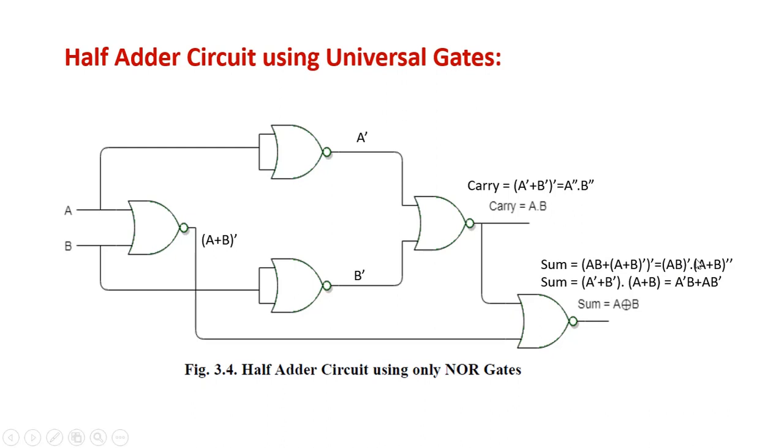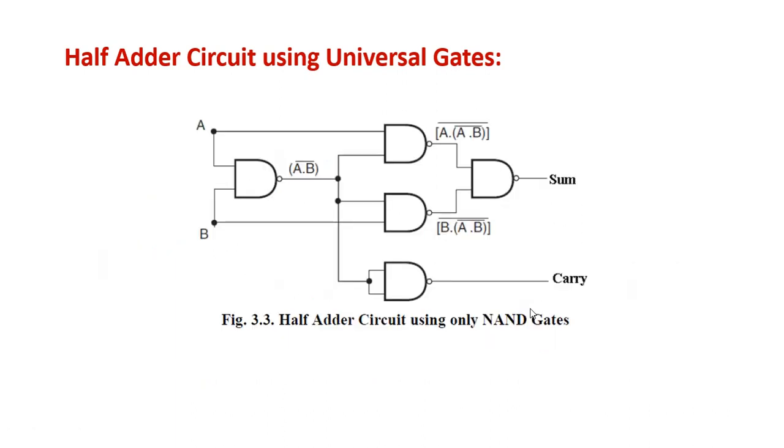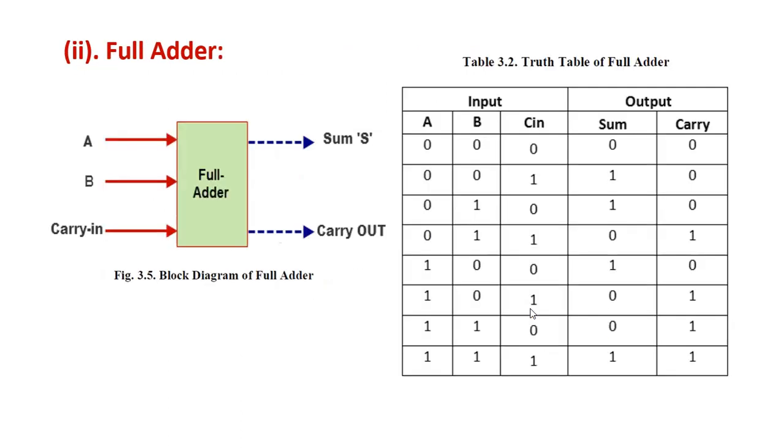So A B whole bar, this OR will be replaced by AND, then A or B bar double bar. Then this double bar will reduce to A or B only, and then you will open it, and finally you will get this XOR gate. So sum you will get. This way, 5 NORs are required and 5 NANDs are required to implement a half adder.